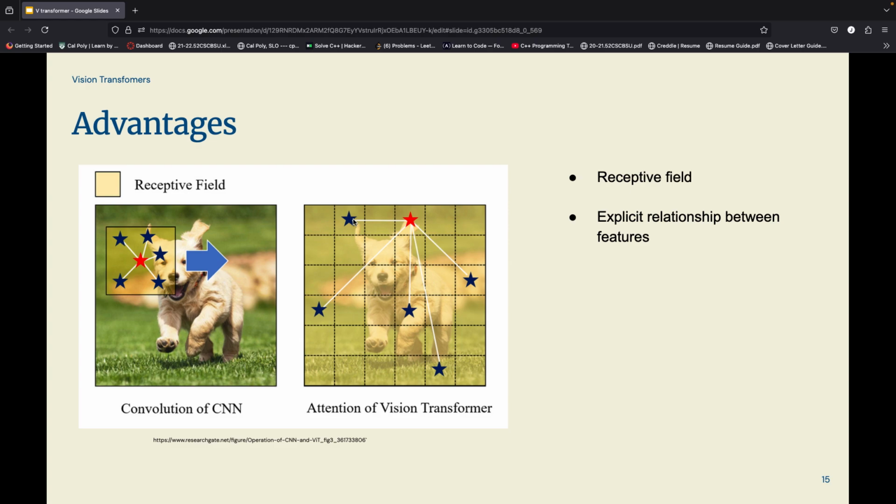So it's only for figuring out local features and how related they are to each other, versus the attention of a vision transformer, where one patch could figure out all the other relationships it needs to know to classify an image.